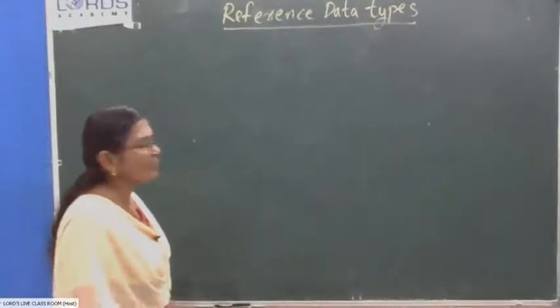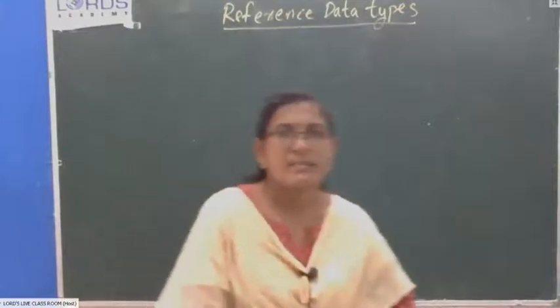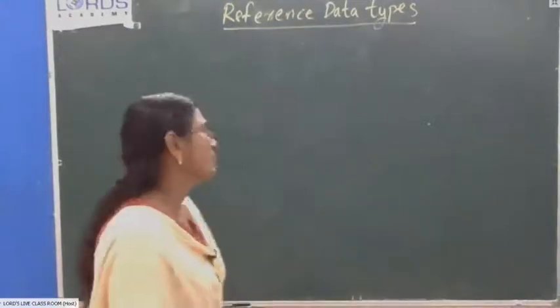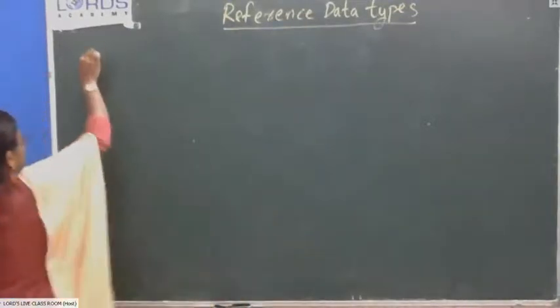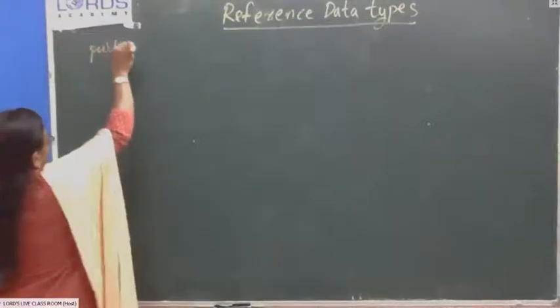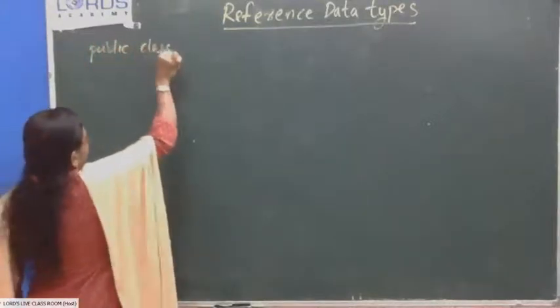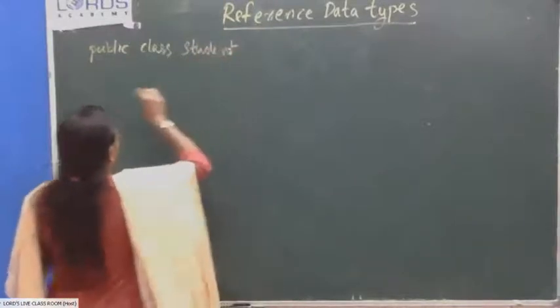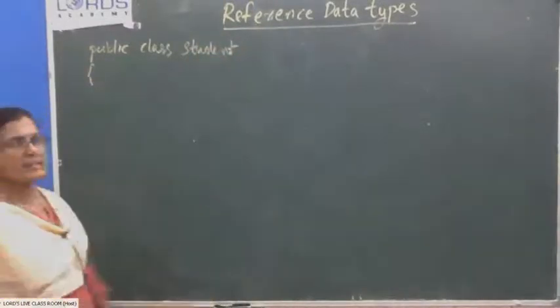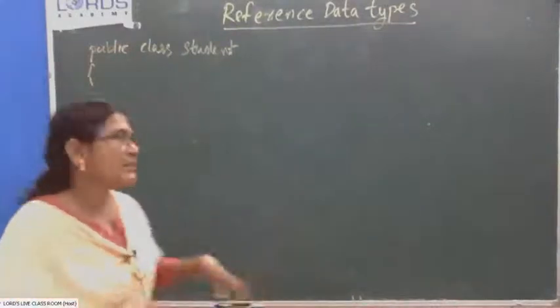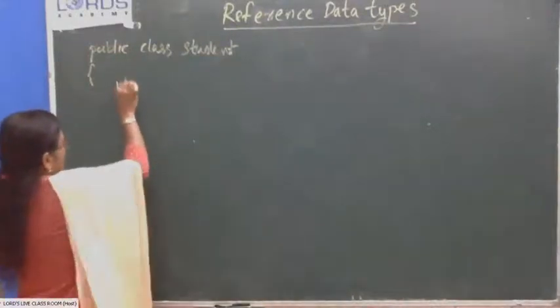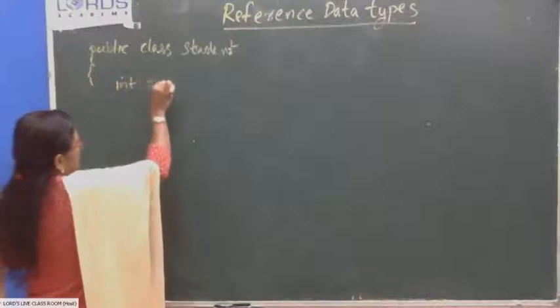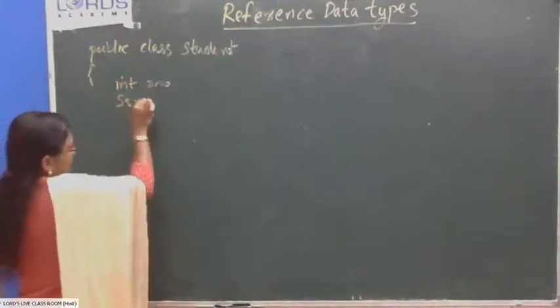Assume that there's a class called student, public class Student, and Student has some characteristics, some instance variables: int rollNumber, roll number, and String name.